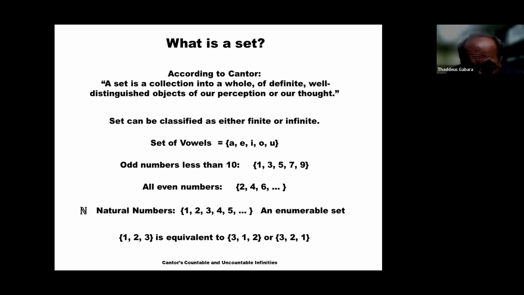But with 1, 2, 3, the order isn't very important. It's equivalent to 3, 1, 2 or 3, 2, 1. So this is an interesting point about sets. You can rearrange the objects in the set to have a particular order, and that order may be very useful for you in order to do comparisons.